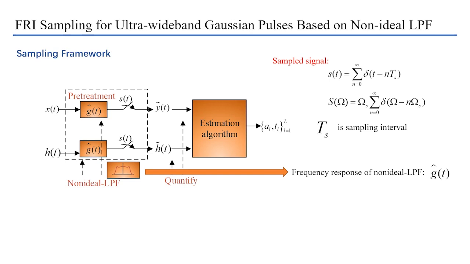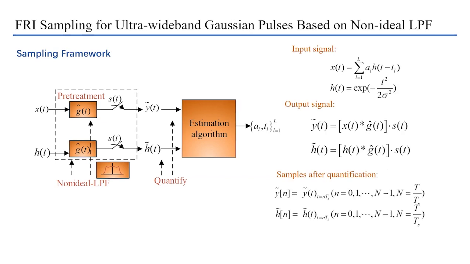The frequency response of a non-ideal filter is written as G(t). We use an impulse train signal as a sampling signal, which can be written as a sum of delta functions spaced by T, where T is the sample interval.